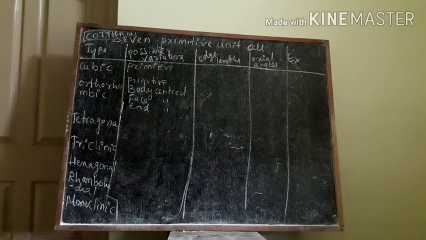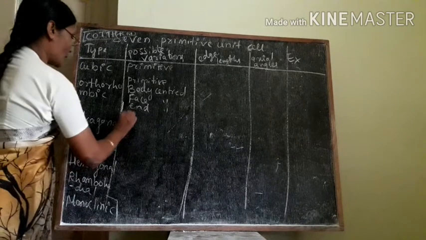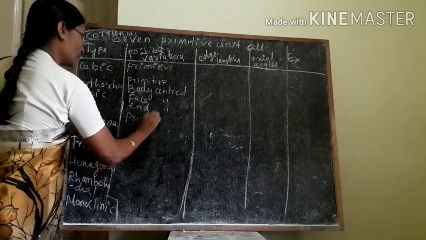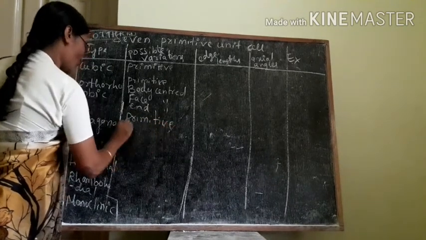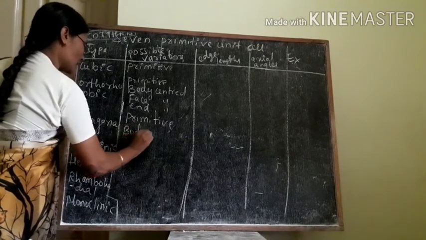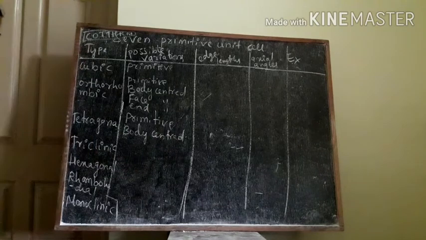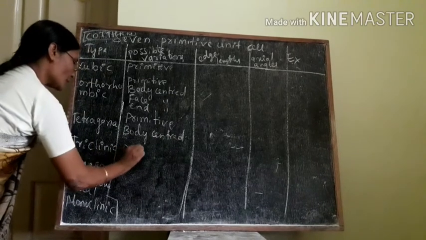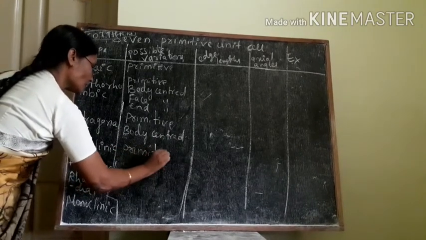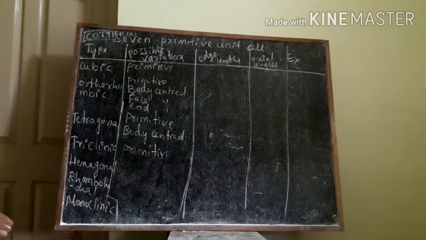Okay. Tetragonal: primitive and body center. Triclinic: only primitive. Hexagonal: here also only primitive.